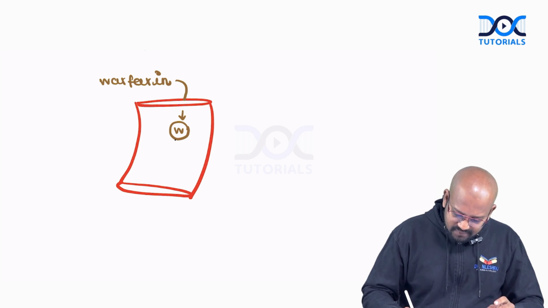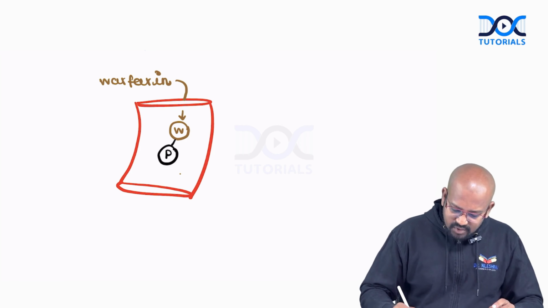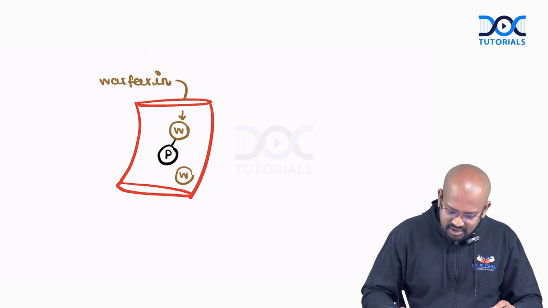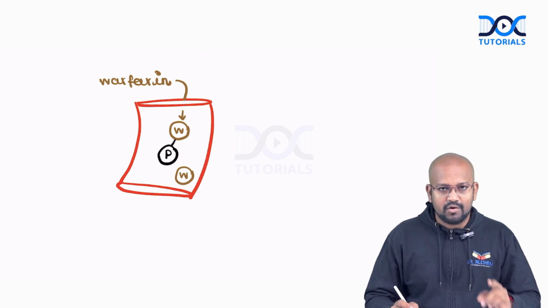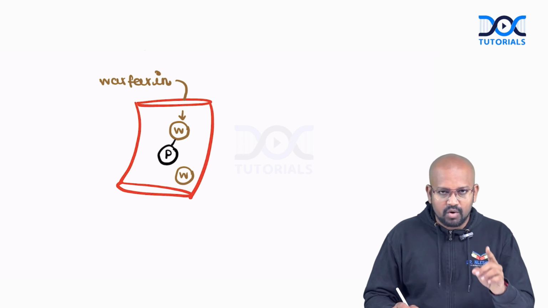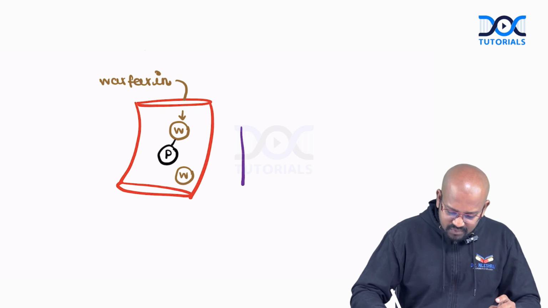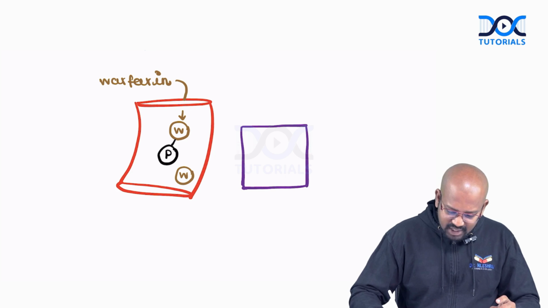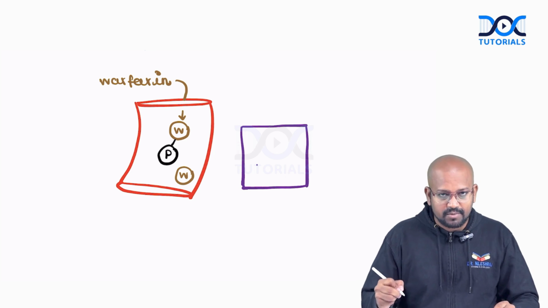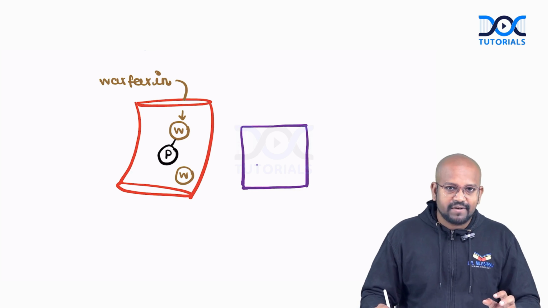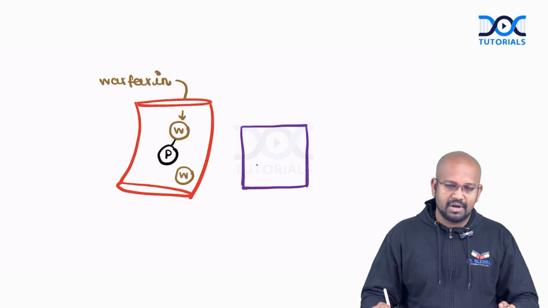So what happens? Warfarin is binding with the plasma proteins. For example, in this example, I have drawn one molecule of warfarin which is bound with the plasma protein, and one molecule of warfarin which is free. This free warfarin is the one which can cross the membrane and gain entry into the target cell, to produce its own responses. What's the mechanism of action of warfarin? Vitamin K epoxide reductase enzyme inhibition.